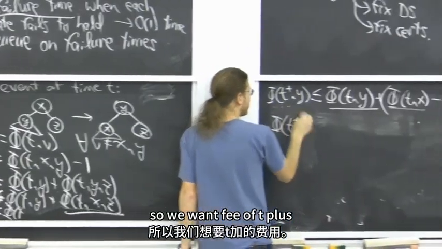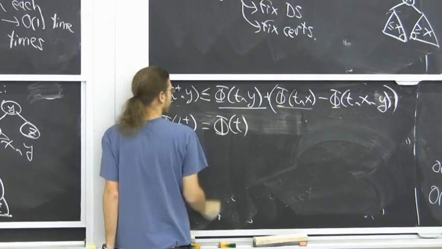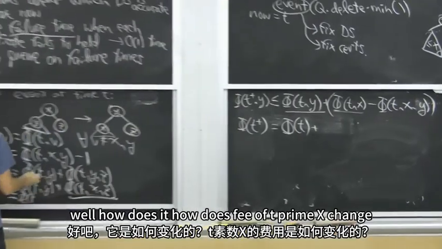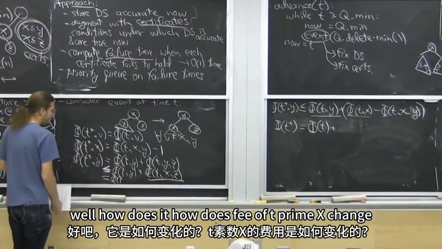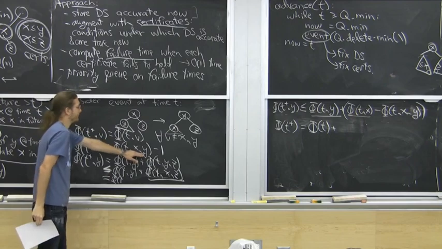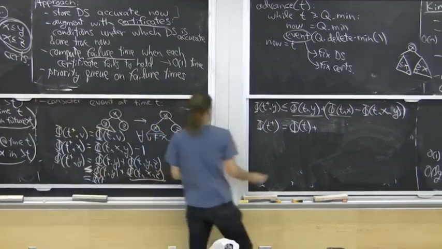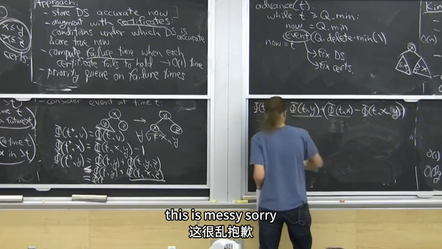So we want phi of t plus, which is phi of t plus something. How it changes is, well, how does phi of t prime x change? Well, it went down a lot. It went all the way down to phi of t x y. Okay, well, actually, we just add these together. Add them up. This is messy, sorry.